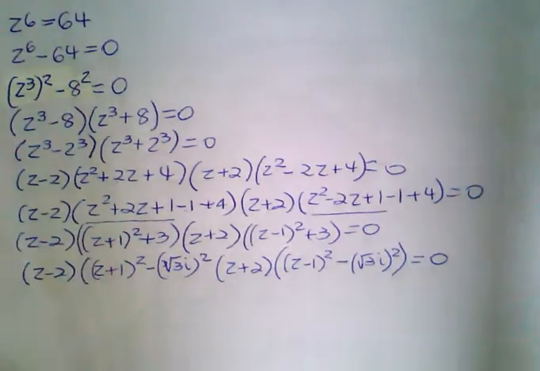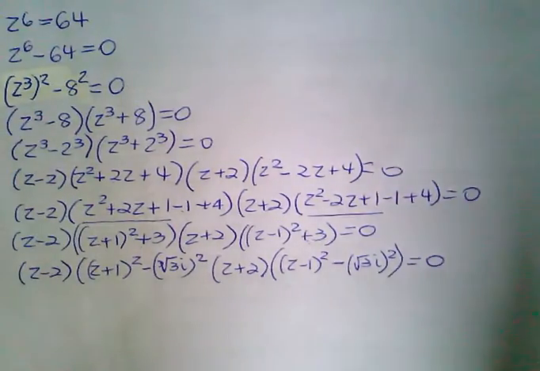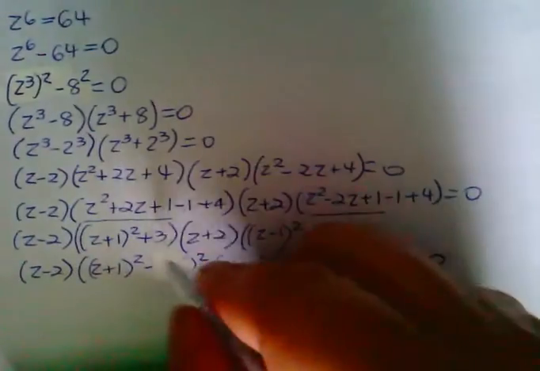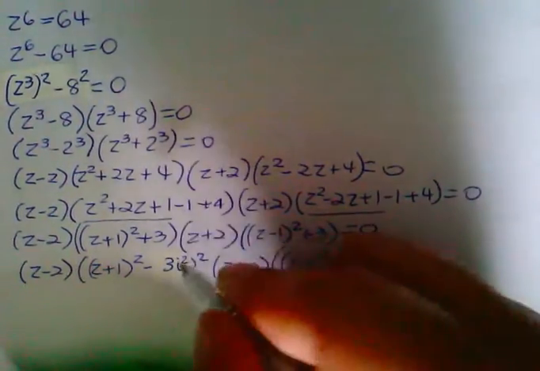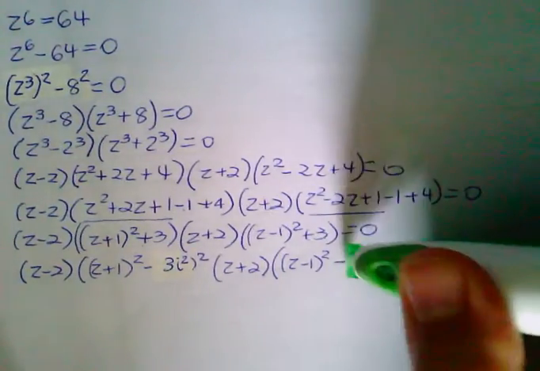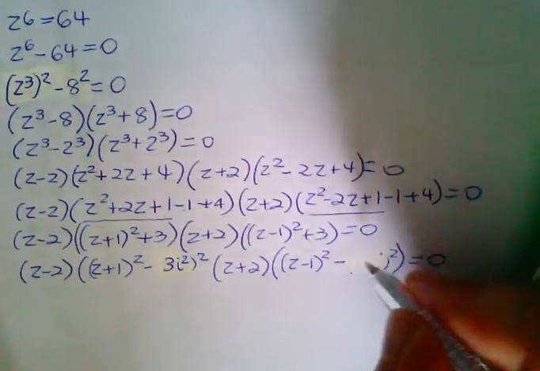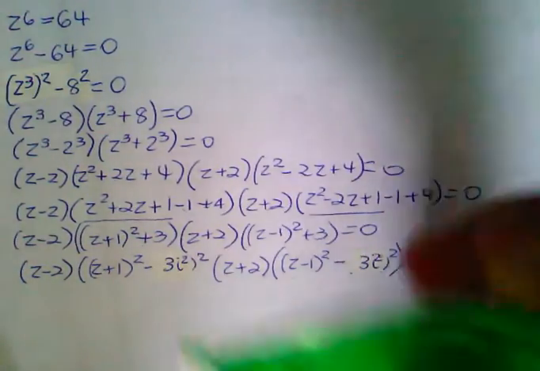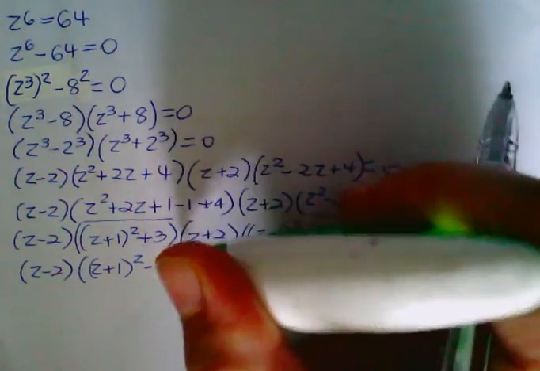So now I can, actually, I won't jump that step. I'll just go minus 3i squared. Sorry, no squared there.